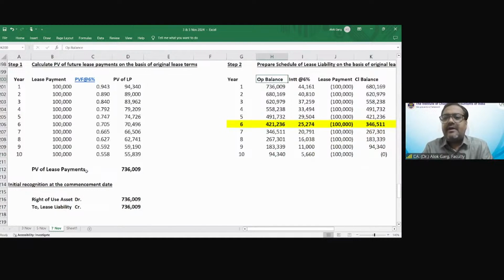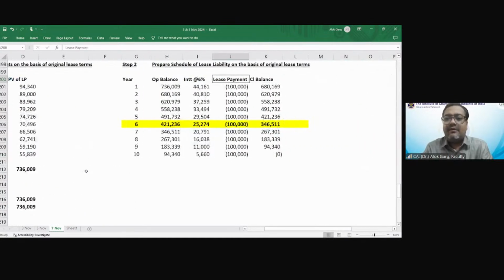Then I have prepared the lease liability schedule on the basis of the original lease term. And there I have computed what my lease liability is at the end of 6 years. It is clear as of now? Yes, sir.